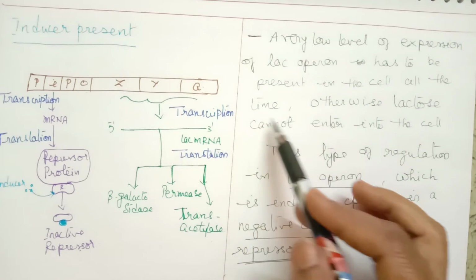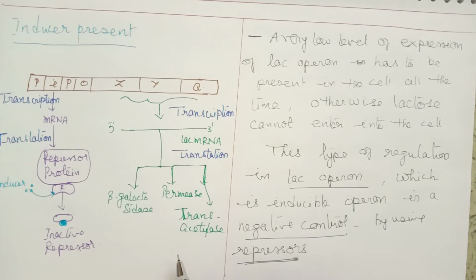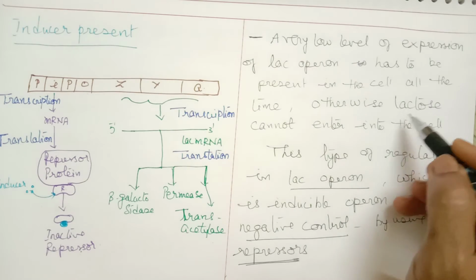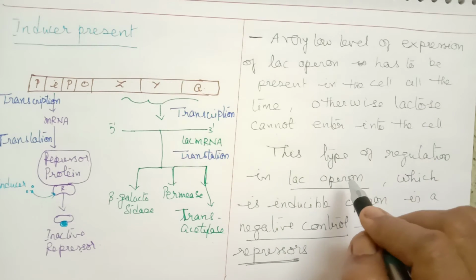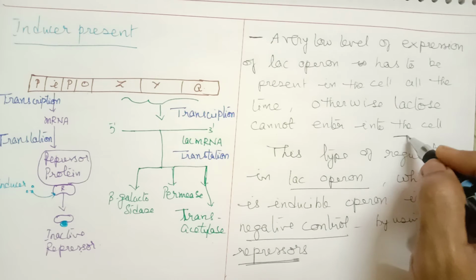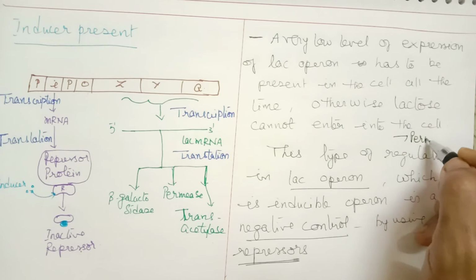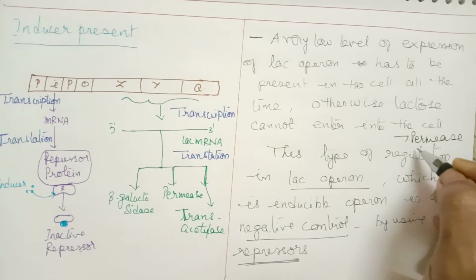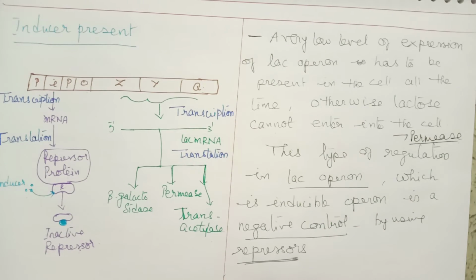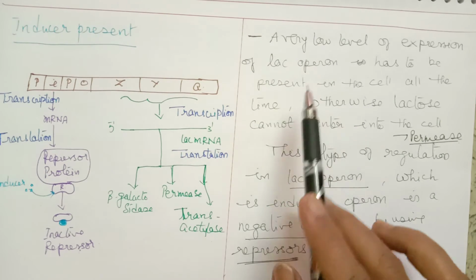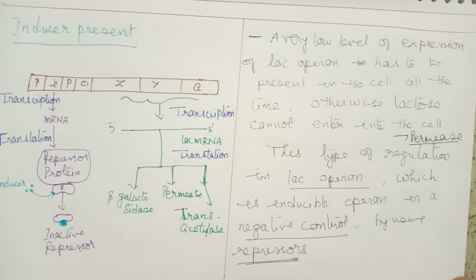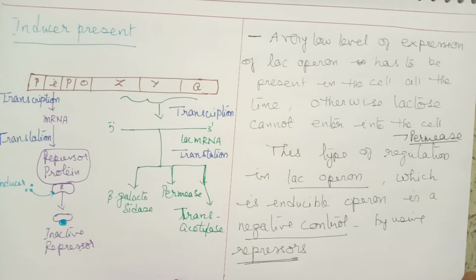Why is this low level of expression always required? For entry of lactose. How is lactose entering? Due to formation of the enzyme permease. So if permease is not formed, lactose cannot enter. So a very low level of expression always is required.